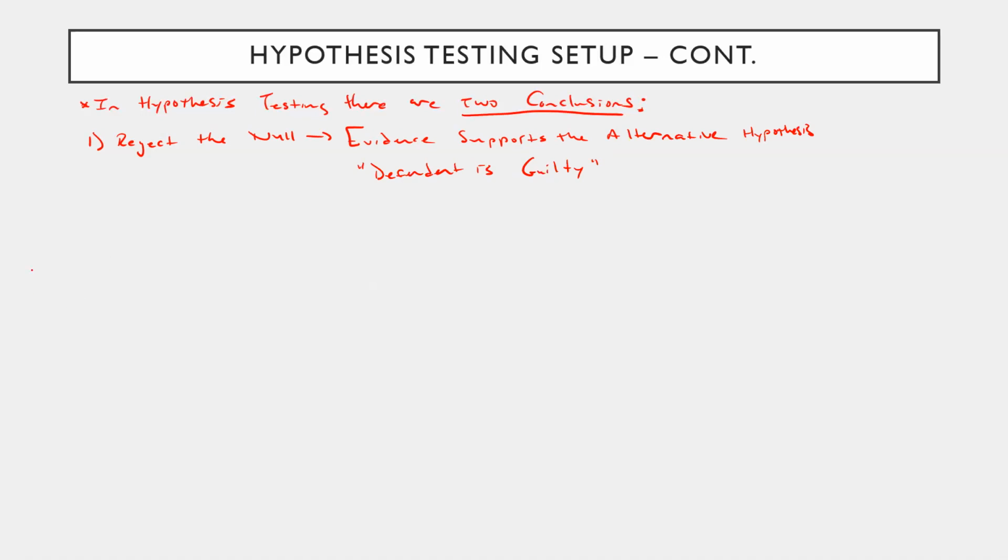The other outcome is you can fail to reject the null. What this means is the evidence does not support the alternative.